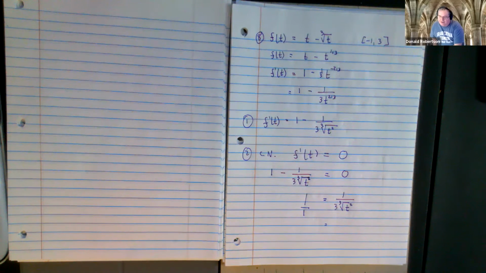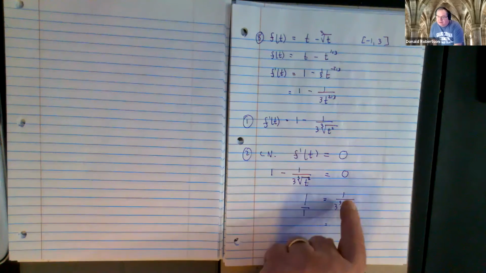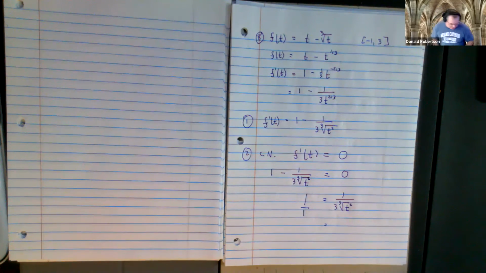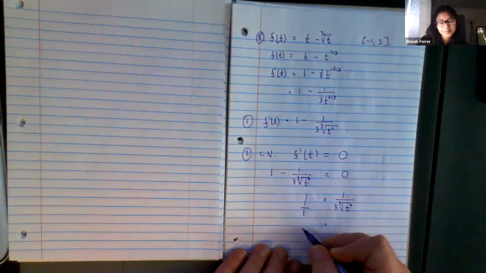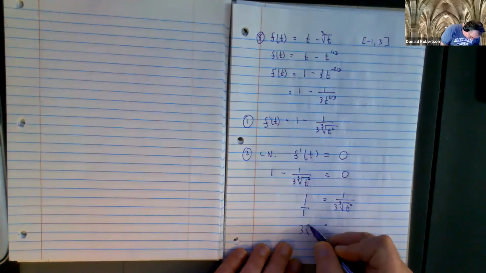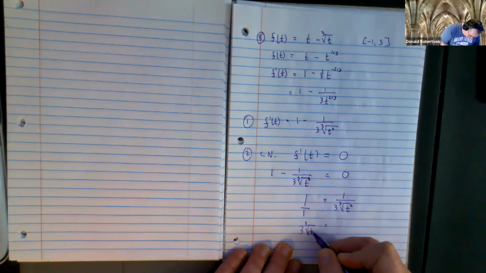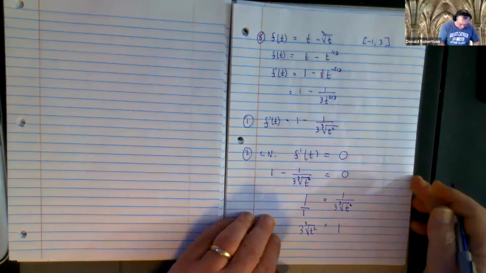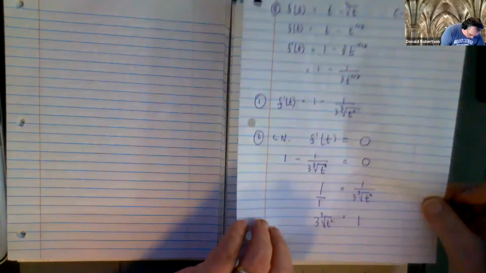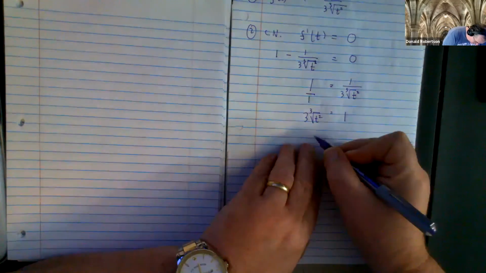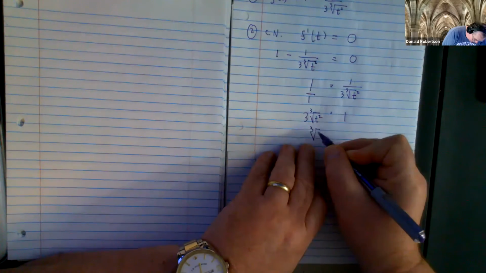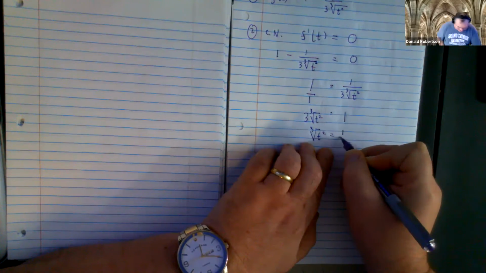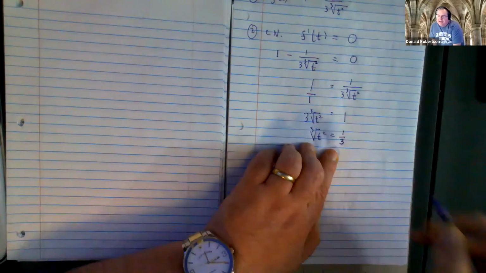Remember, the goal here is to find t, right? To solve for t. So what am I going to do next? Cross multiply. Right. If you cross multiply, you get 3 times the cube root of t squared equals 1. If you then divide both sides by 3, you get that. Still with me?